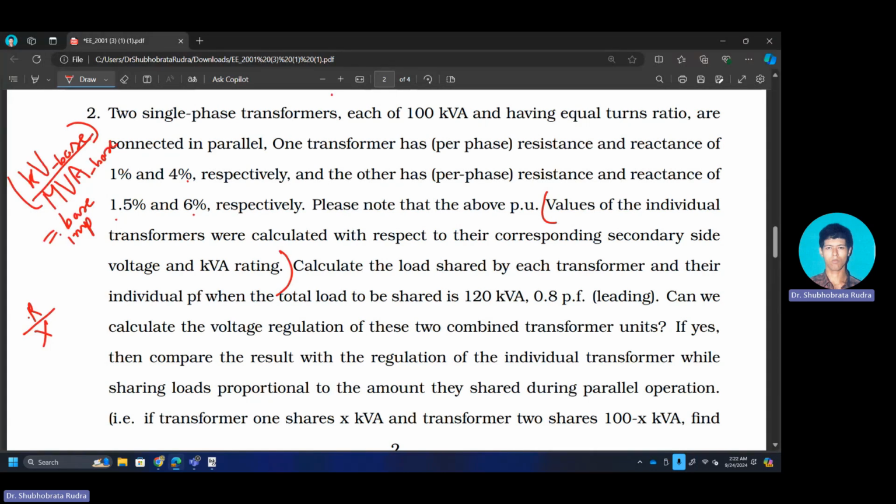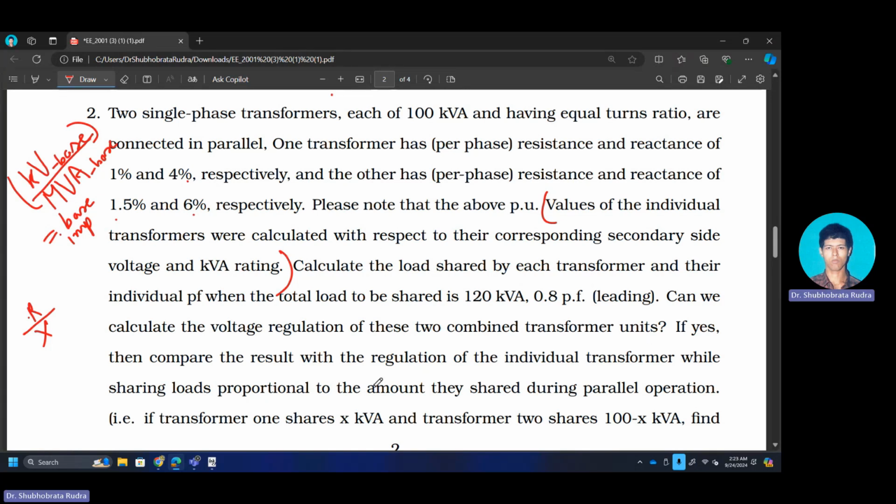So if you have n number of transformers having equal R/X ratio, and the first one has kVA 1, second kVA 2, third kVA 3, and so on till kVA n, the total kVA will become kVA 1 plus kVA 2 plus kVA 3 plus till kVA n. But these plus signs are valid only when you have equal X/R ratio or R/X ratio for all these transformers.